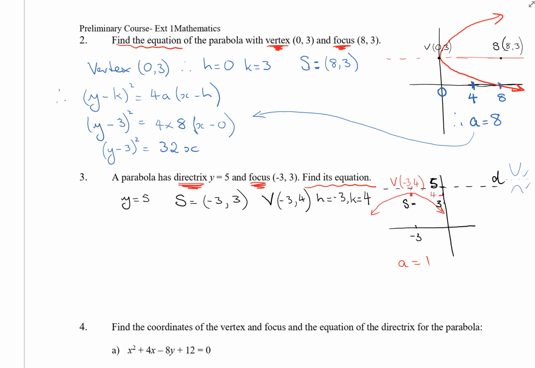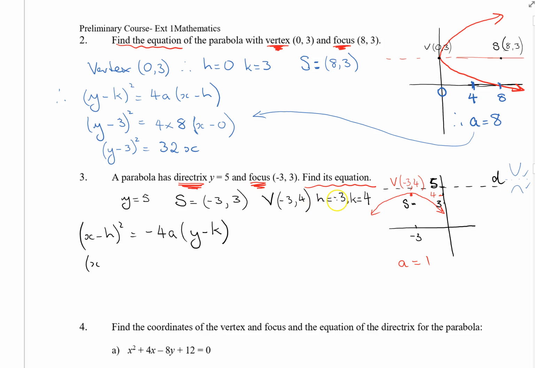What format do I want? It's an x one. So that would be now up to step 2 or 3, deciding on the format, and it's x minus h all squared is -4a times y minus k. Now, x minus h, what did we say h was? h is -3.